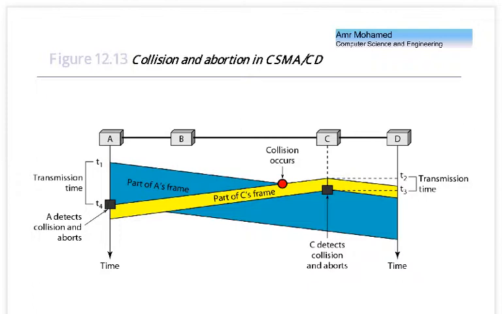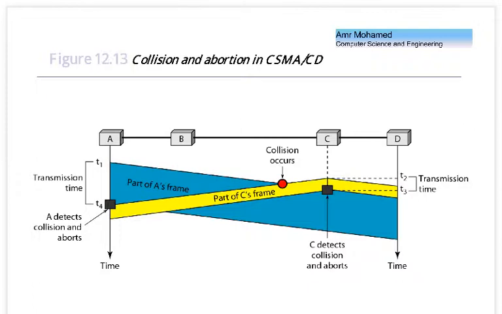And that's what C here did. So C started to transmit at this point, okay, and it keeps transmitting the bits one by one. It spends a time, which is the transmission time. But before the end of the transmission time, assuming that the frame length is considerably large, okay, at this point in time, it realized that A is transmitting.